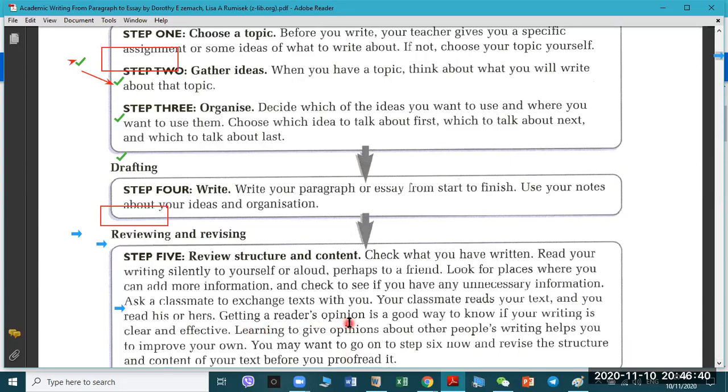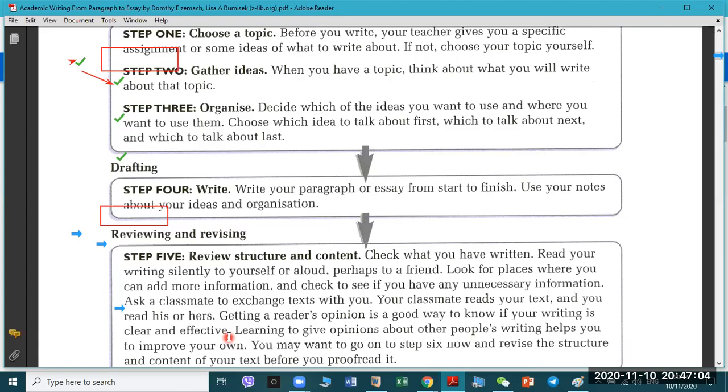Getting a reader's opinion is a good way to know if your writing is clear and effective. So it means that taking feedback from your friend is an effective, practical way to know whether your writing is good or not, okay?